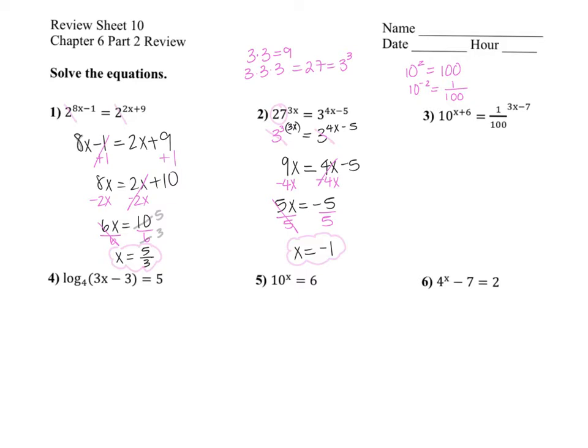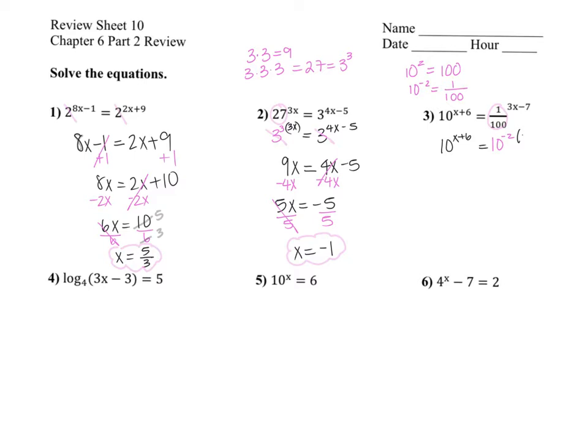So what I'm saying here is I can replace this guy here with 10 to the negative 2 power. Because if I do that, this exactly means 1 over 100, okay? The reason I want to do that is because I want to have the same base as this side, which is 10 to the x plus 6.